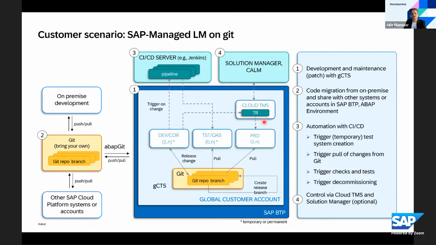You will typically transport from one system to the other using Cloud TMS, and you will be able to integrate your Cloud TMS with other orchestrators such as SAP Solution Manager 7.2 or Cloud ALM. So this is a typical setup that we would recommend for any customer wanting to do lifecycle management on a steampunk system. And with that, I'm going to show you some of the features that I've talked about, in the form of a live demo.